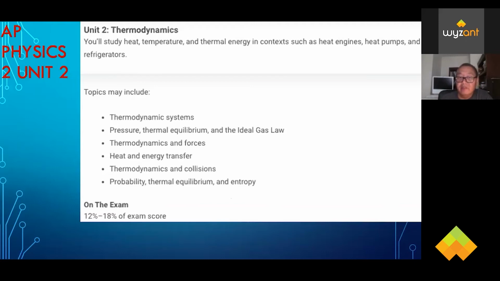The topics may include thermodynamic systems, pressure, thermal equilibrium, and the ideal gas law, thermodynamics and forces, heat and energy transfer, thermodynamics and collisions, probability, thermal equilibrium, and entropy. This part of the knowledge covers about 12 to 18% of the exam, okay?